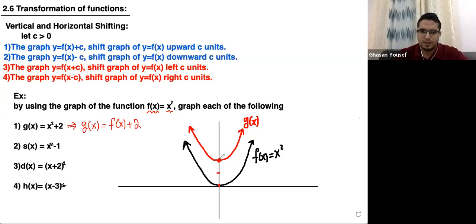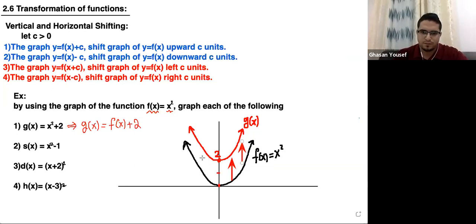And also you have to show me this point is 2. This means you shifted the original one from 0, 1, 2 units, and all points are shifted 2 units up.